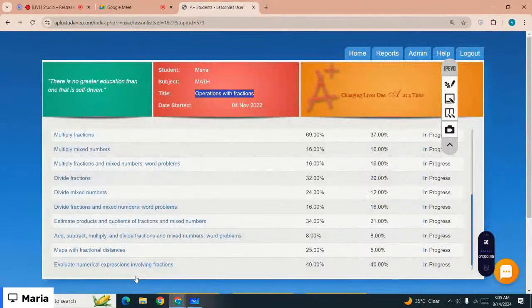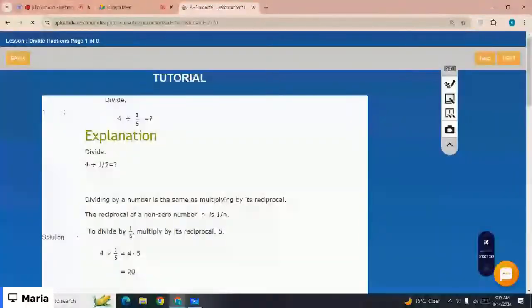So here I am on the chapter operations with fractions. We're going to learn how to divide fractions. Let's start with the first example, 4 divided by 1 over 5.